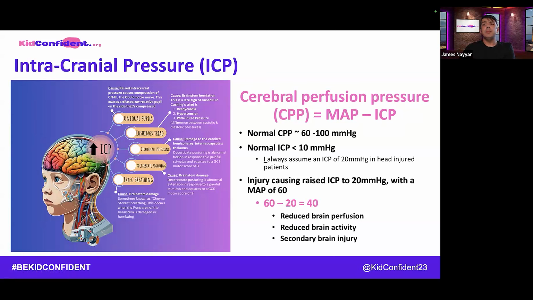But when ICP rises, this becomes harder, and in the context of trauma, where there may be other injuries outside the head causing bleeding, this might be even harder because your MAP becomes compromised. So you've got a lower driving pressure to achieve your perfusion pressure, and you've got a higher intracranial pressure, which is opposing that perfusion.